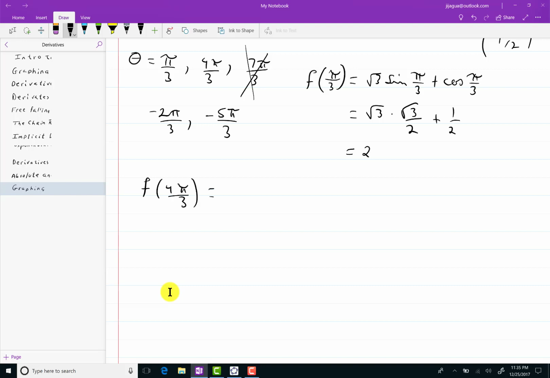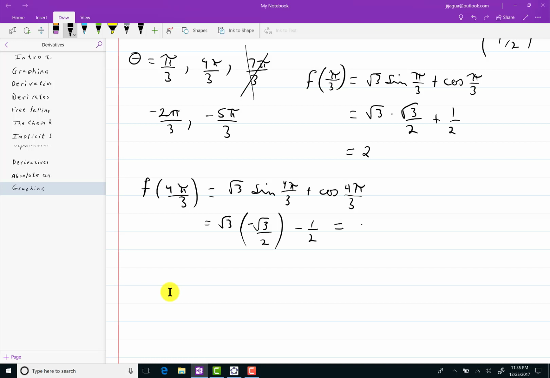All right, let me go and do f of 4 pi over 3. That will equal radical 3 sine of 4 pi over 3 plus cosine 4 pi over 3. Now this thing here is in the third quadrant, so both sine and cosine are negative. So that's radical 3 times negative radical 3 over 2 minus 1/2.